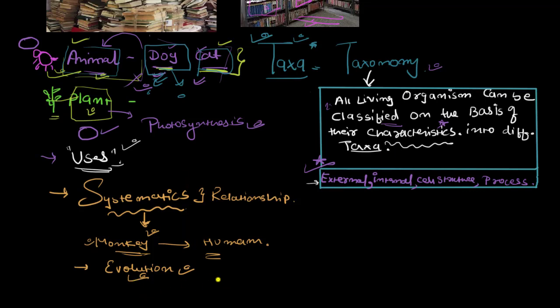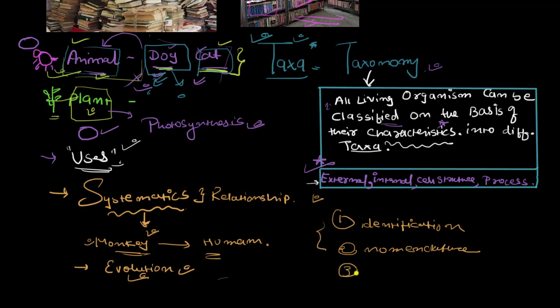And now, whenever we study, we include this evolutionary relationship also. So systematics includes, first of all, identification. You first have to identify whatever it is. Then you are going to name it, which is nomenclature. You studied this in the last lecture. Today you have studied the classification system.